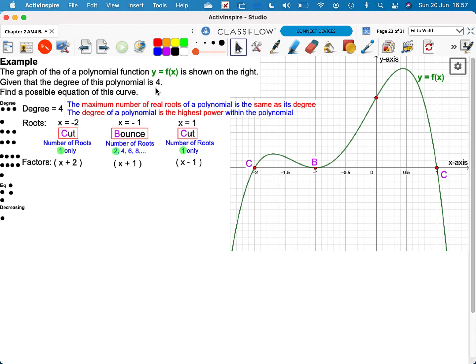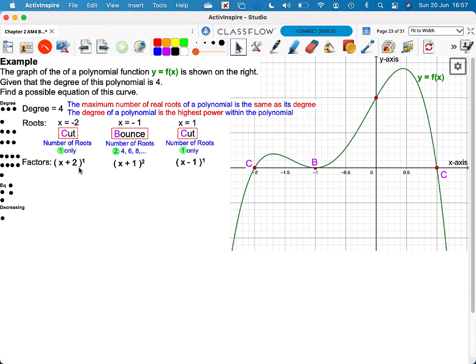So the maximum number of roots is 4, so the maximum number of roots here has to be 2, because 2 plus 1 plus 1 is equal to 4. Okay. Remember from the previous example, these numbers now become the powers. So we've got a power of 1 and we've got a power of 2.